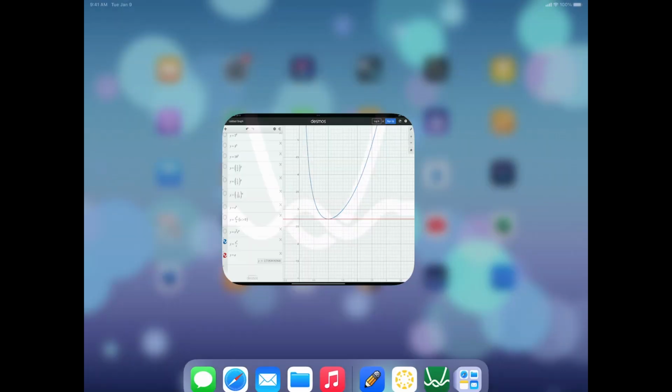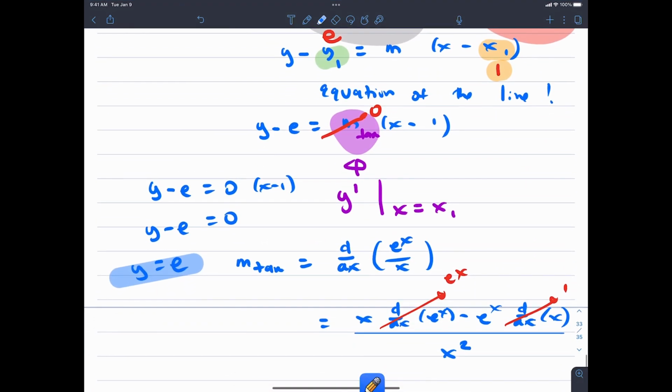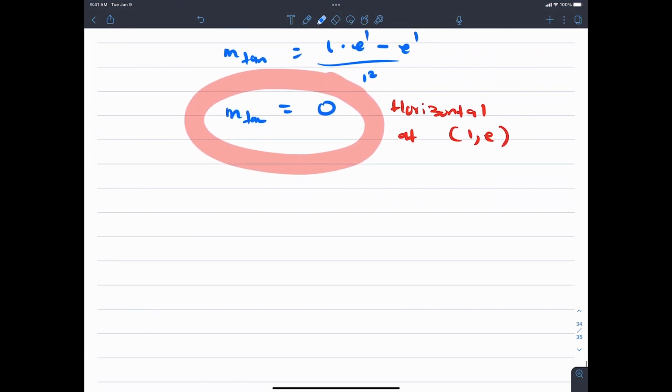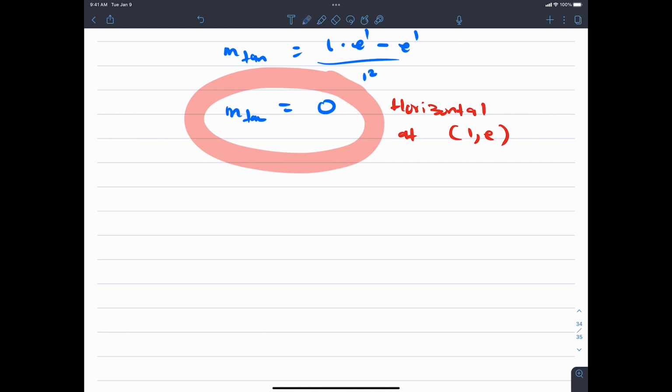All right, just to remind you guys, and to clear out the Calculus 1 cobwebs. How about this? Same question. x e to the y plus y e to the x is 1.